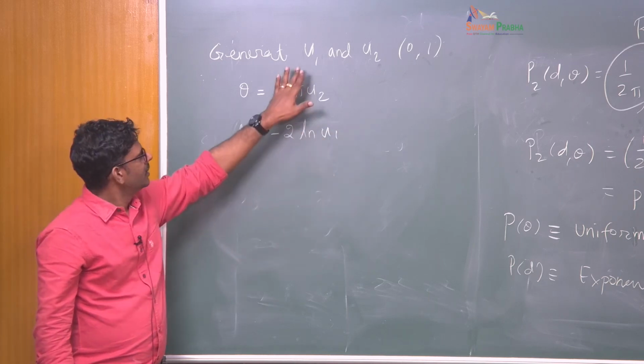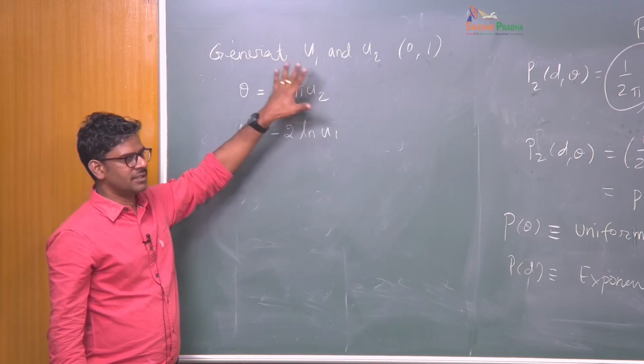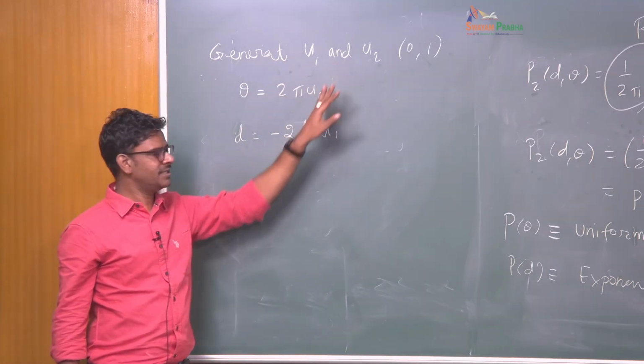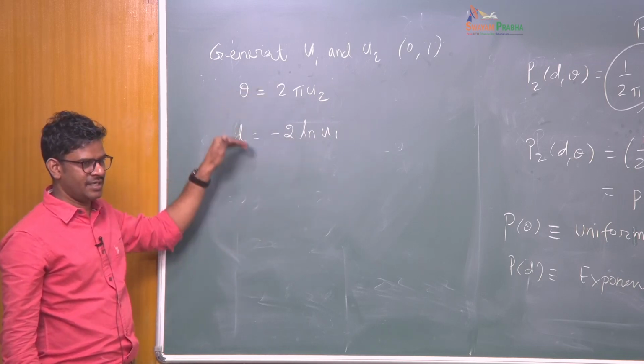So you first create two uniformly distributed random numbers, u1 and u2. With that you get another set, theta and d.